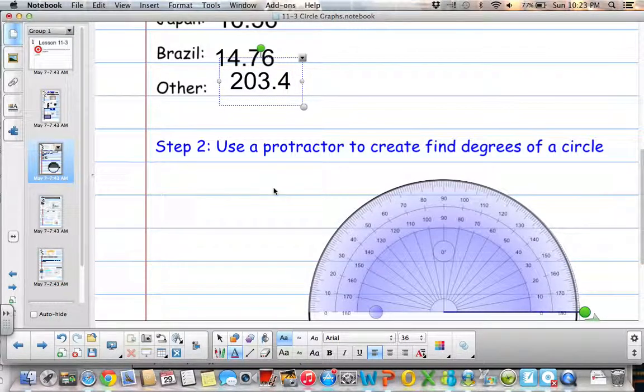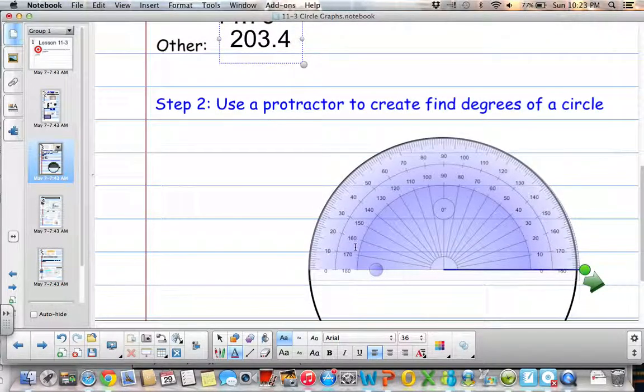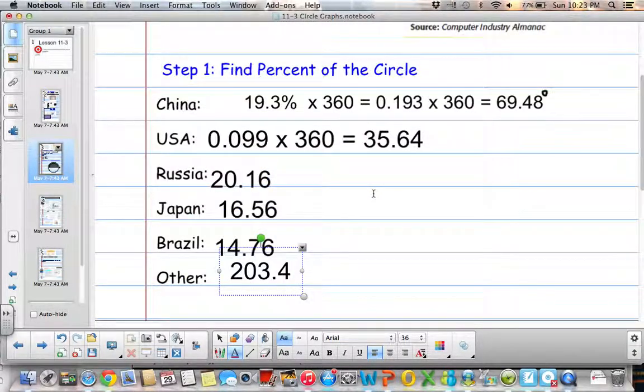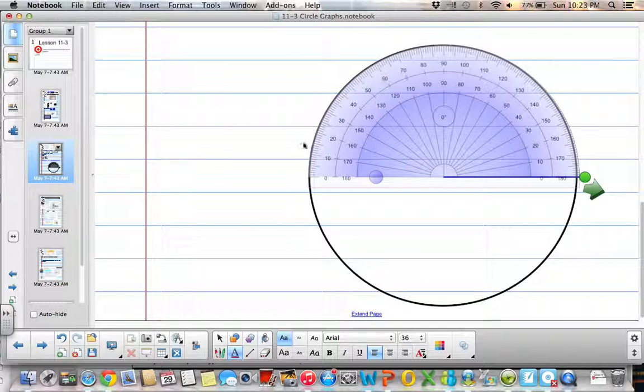Okay, so now we are going to use a protractor to create and find the degrees of a circle. So we are going to start with 14.76, so for Brazil. So here's my circle, and here's my radius. So you can draw your radius anywhere on the circle.